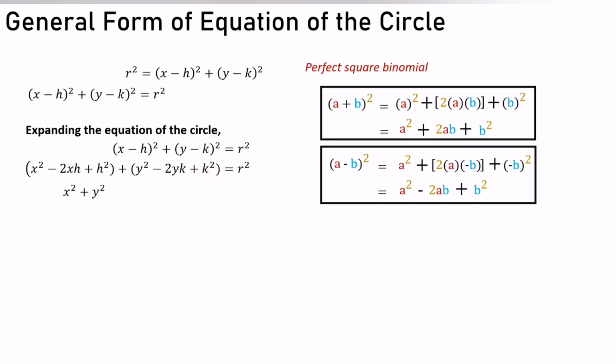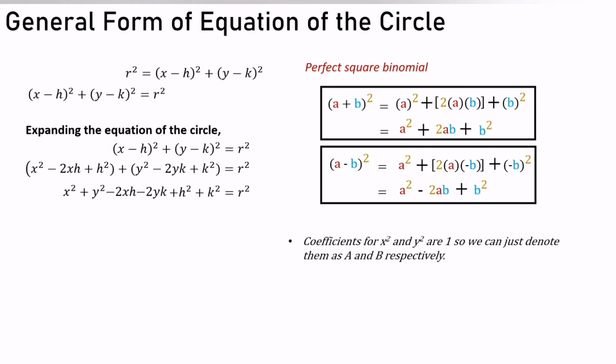I hope you got that. So let's combine x squared and y squared, and the second terms, minus 2xh minus 2yk, and then the last terms, plus h squared plus k squared, is equal to r squared.